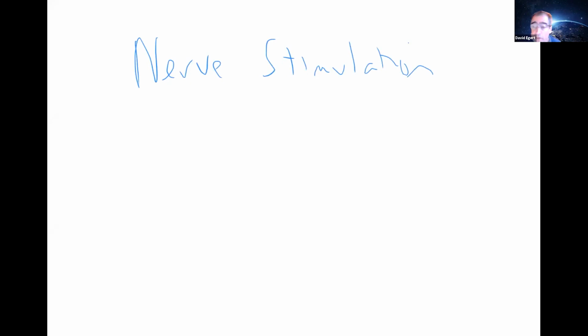The Nerve Stimulation Lab. This is another one where you have to be careful about keeping track of what is the independent and dependent variables and how we measured them. What was the independent variable for this one? Body location.